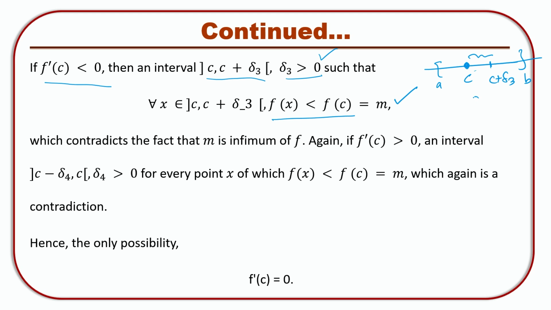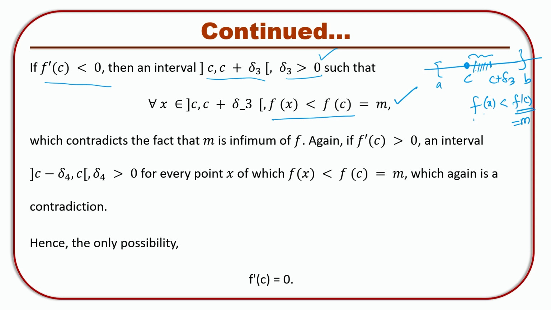So for the whole interval, each f(x) is less than f(c), and f(c) is the infimum m. This contradicts the fact that m is the infimum.